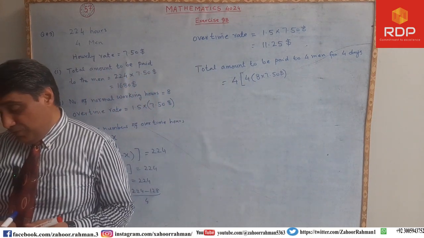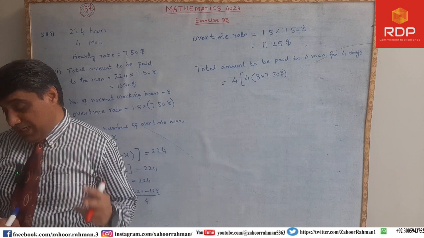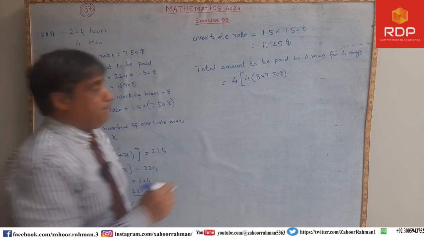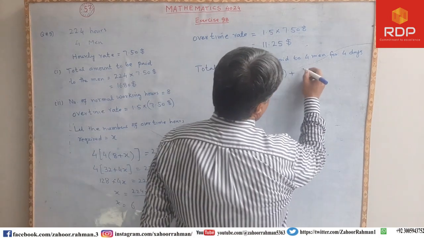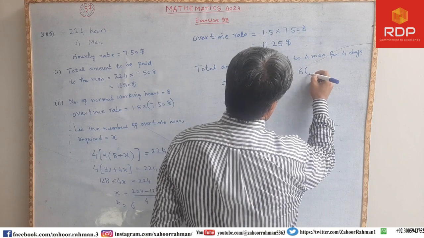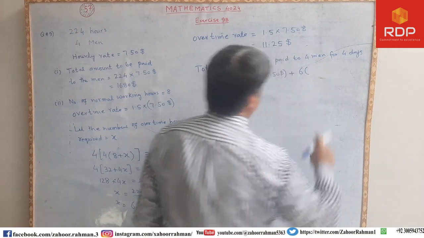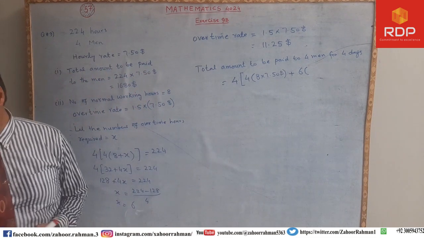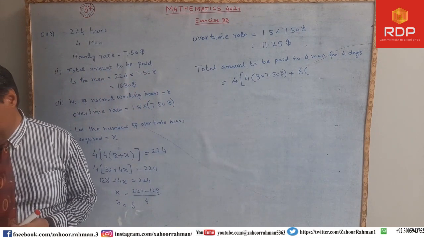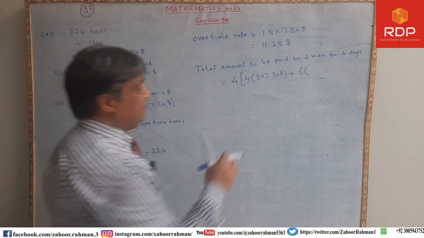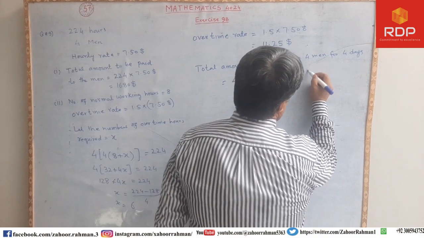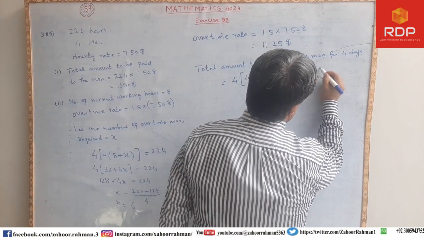And then we have to add 6 multiplied by 11.25. Yes, 6 multiplied by 11.25.